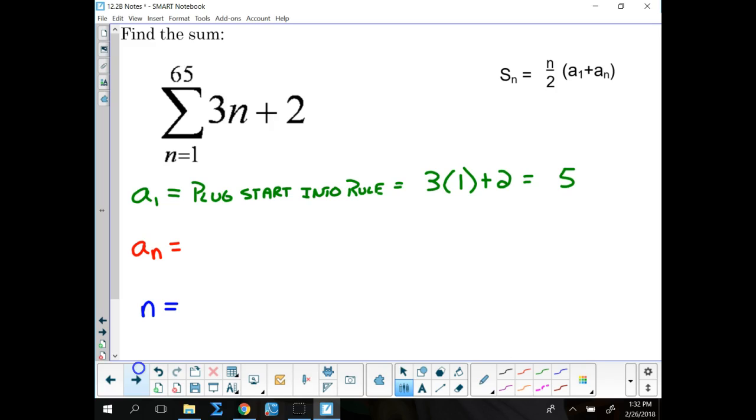How do I find my last term? RC? So I plug the end into the rule.